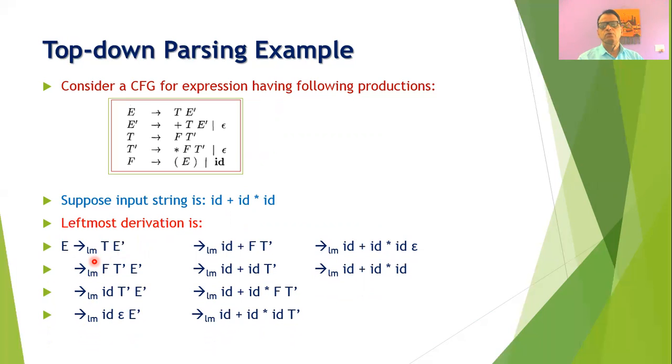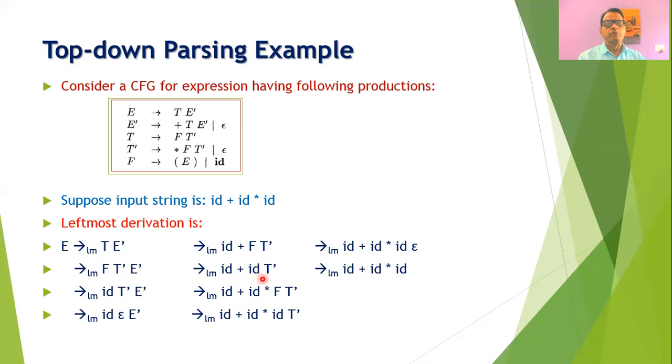So we will make use of the first production rule, E is defined as TE dash. Then we will replace this T by FT dash. Then we will replace this F by ID. Then we will replace this T dash by epsilon, but since epsilon is the empty string, it can be removed. And then we will replace this E dash by making use of plus FT dash. Then the F will be further replaced by ID.